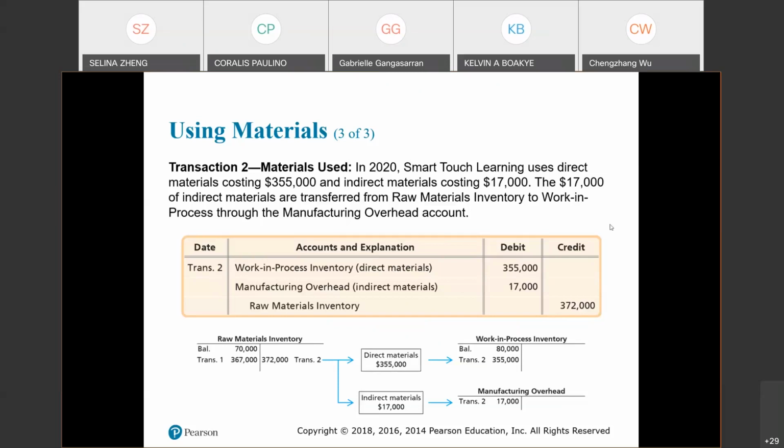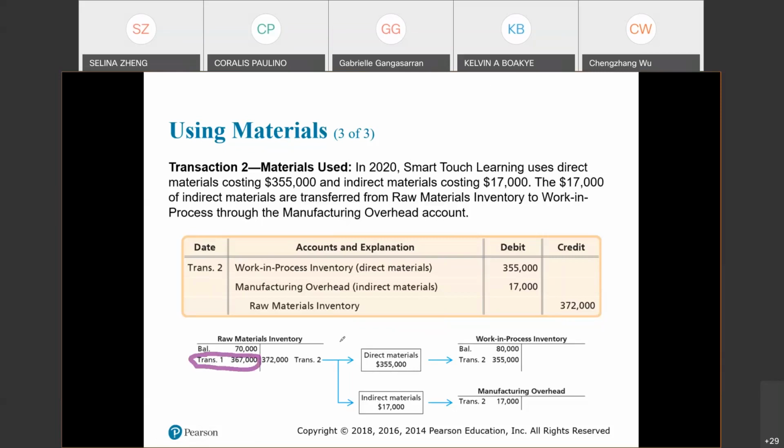So as you can see, this is how we deal with transaction 2. Well, if you can remember, in this T account, this is transaction 1, the purchase of raw materials recorded here.